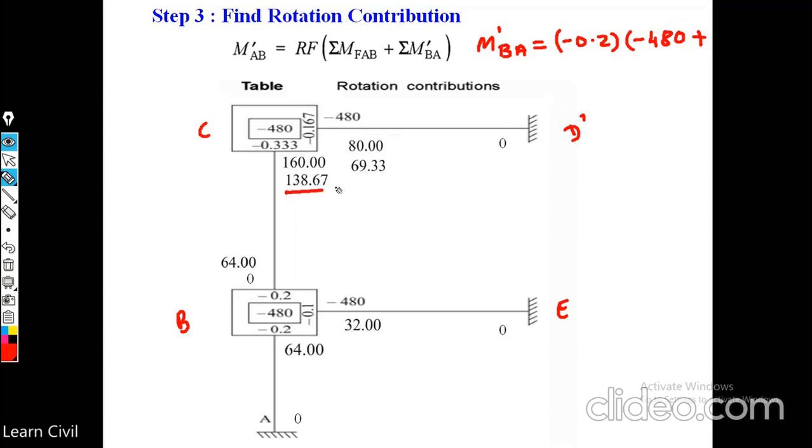Here you can see we have rotation contribution equal to 138.67. So 138.67 plus 0. So we get the value equal to 68.27. Just write down this value here like this.